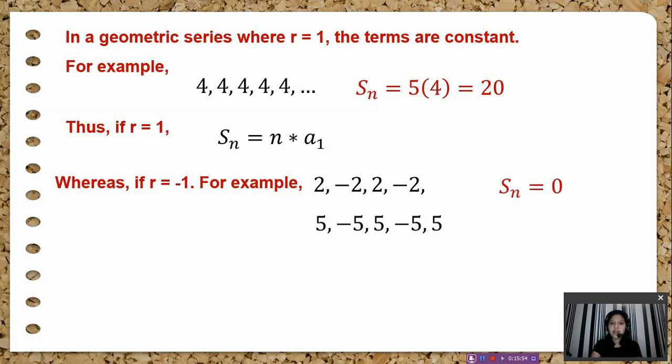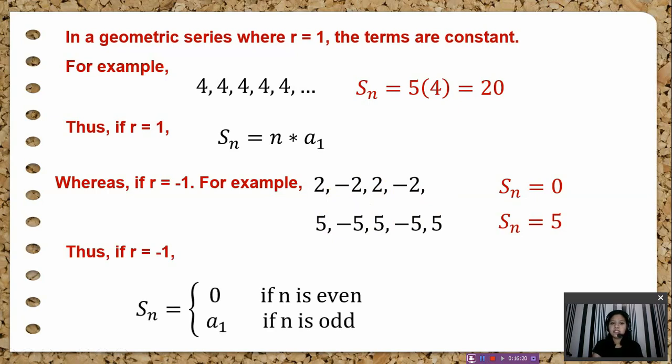Another example, 5, negative 5, 5, negative 5, 5. What is the sum? 5. So what is the difference between these two? The first one has an even number of terms, while the second one has an odd number of terms. Thus, if r is equal to negative 1, the sum would be 0 if n is even.